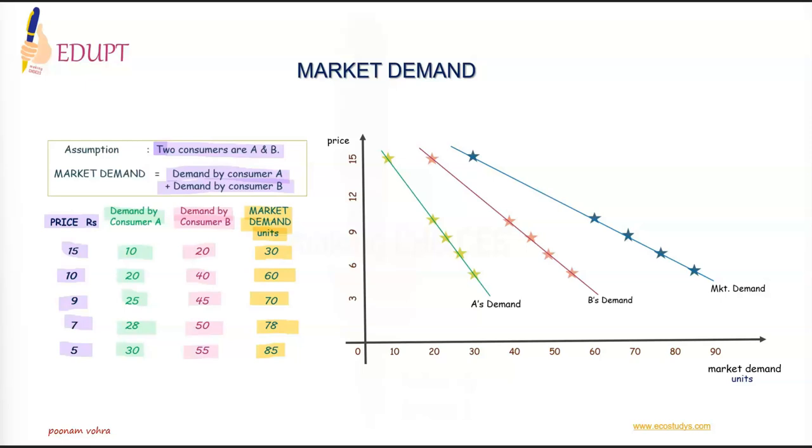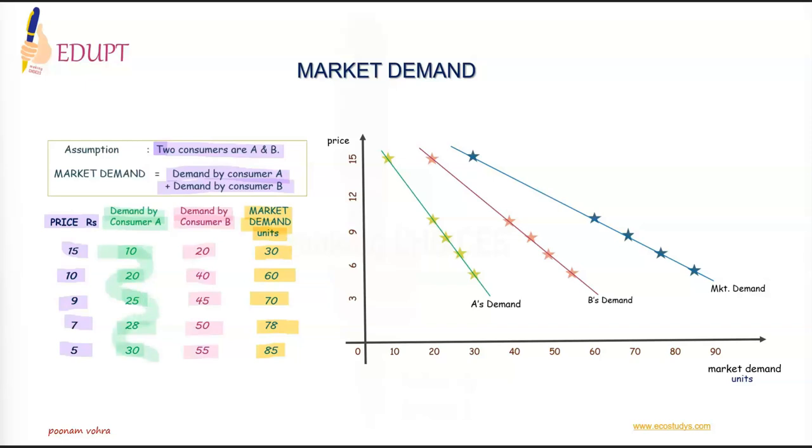While taking market demand in units, one has to take care that the scale is taken in such a manner that units demanded by an individual consumer as well as units demanded by the entire market can be plotted. So one can plot quantity demanded by consumer A at different prices. These values are then plotted.